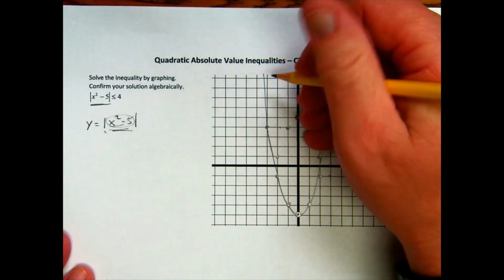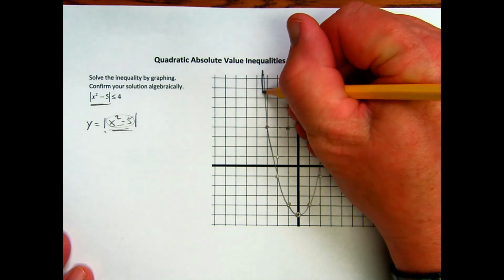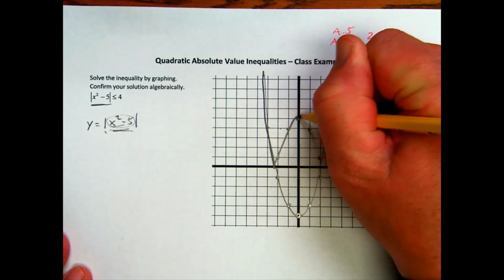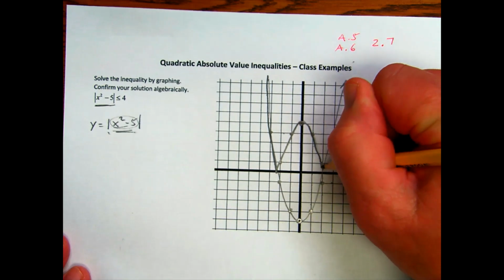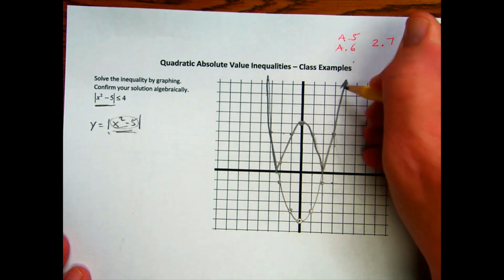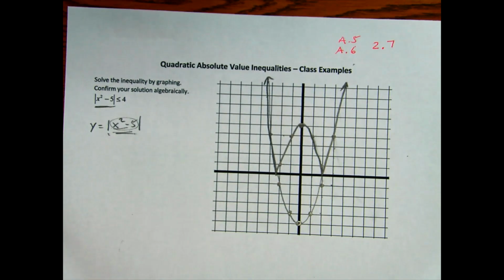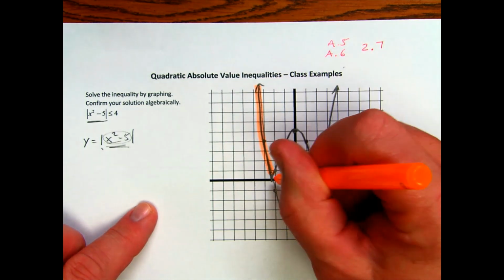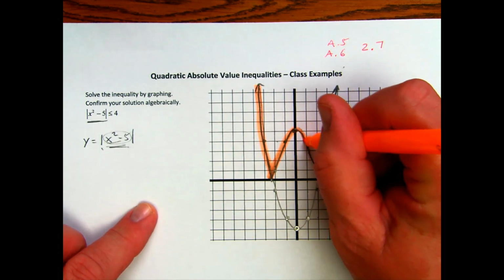So now what we end up getting after the absolute value is something that looks like that. So let's give that a quick highlight, I don't know how well this comes out on the video.